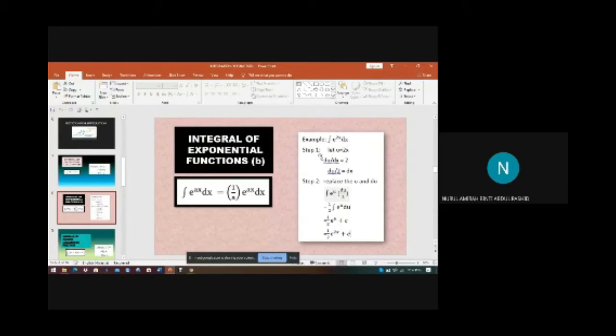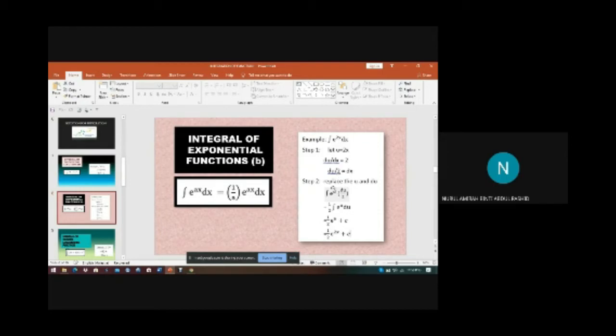For this function, we use u substitution. So how to integrate e to the power of 2x dx. Let u equal 2x, and du/dx is 2. So we can get dx equals du over 2.